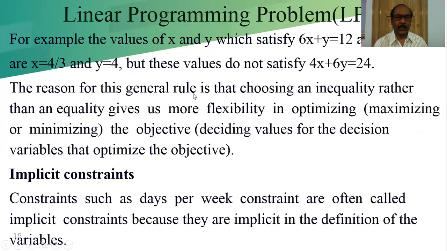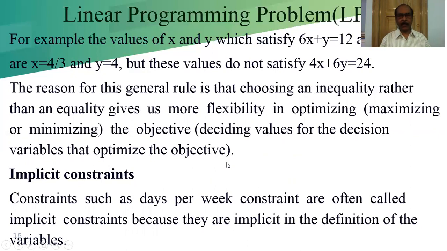The reason for this general rule is that choosing an inequality rather than an equality gives us more flexibility in optimizing. Optimizing means maximizing or minimizing the objective, deciding the values for the decision variables that optimize the objective. So instead of considering the equality, it is better to consider the inequality.